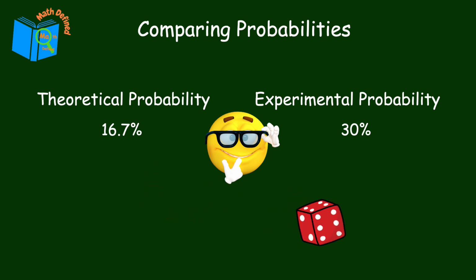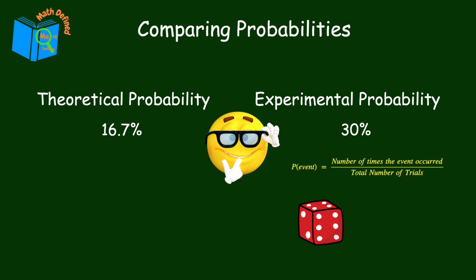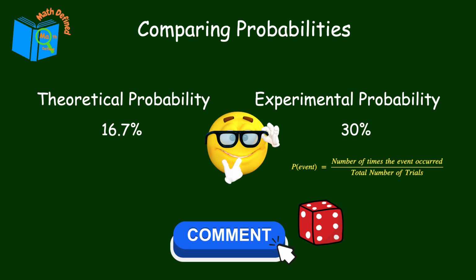Roll a die 20 more times and use the formula to see how the experimental probability changes. Did it get closer to the theoretical probability of 16.7%? Share your results in the comments. I'd love to see your results. Remember, theoretical probability is a calculation of what should happen, and experimental probability is what actually happened.